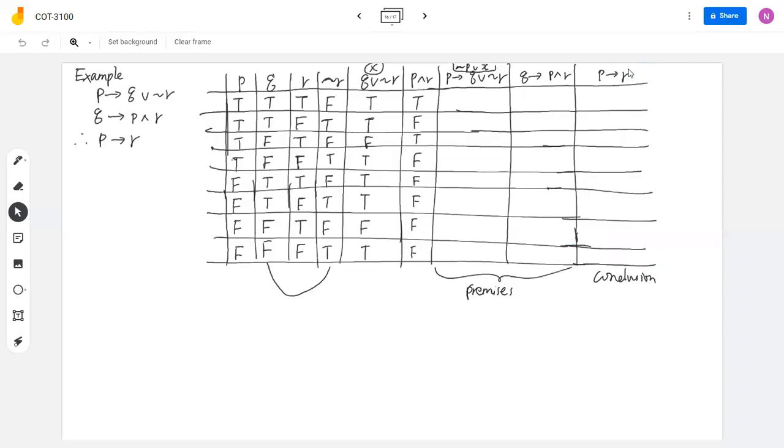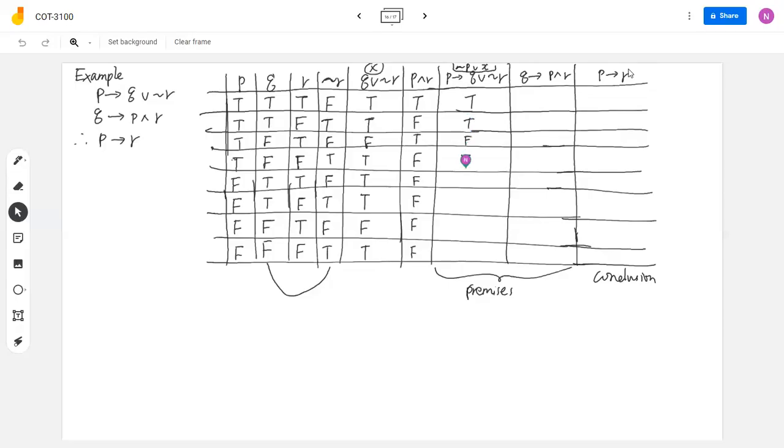Okay, so now we come back to not P or X. Remember, for the first 4 rows, because P is true, not P is false, so we only need to read these 4 rows of X. So it's TT, TT, FT.